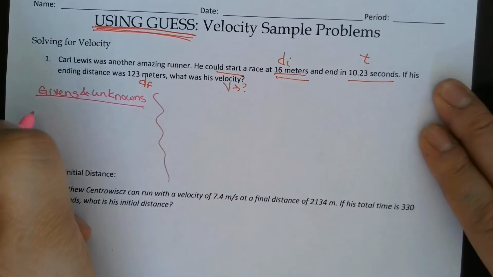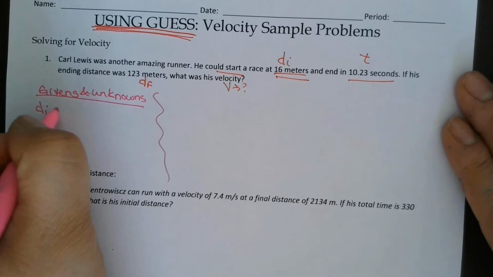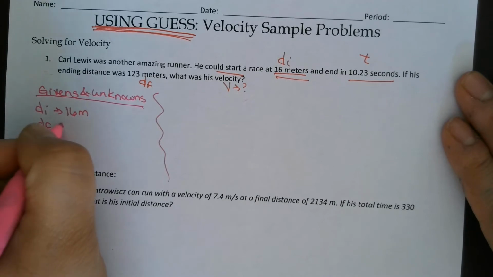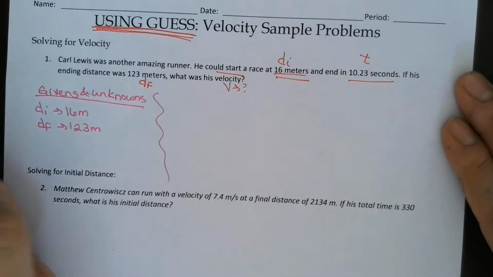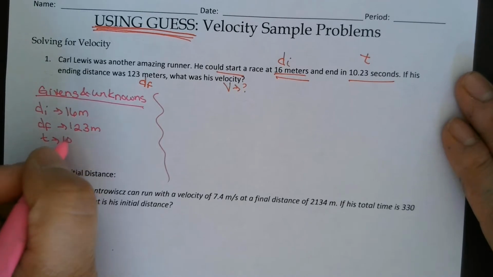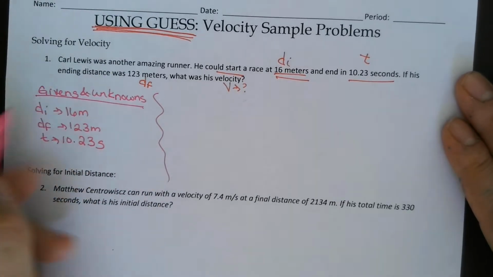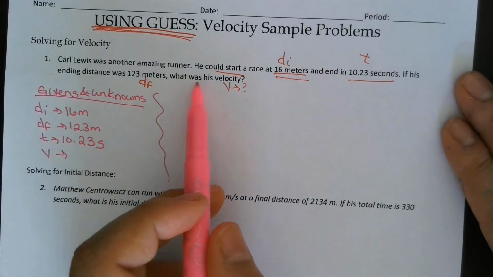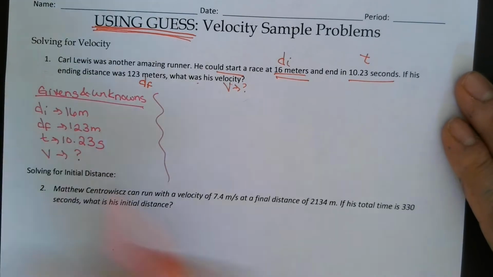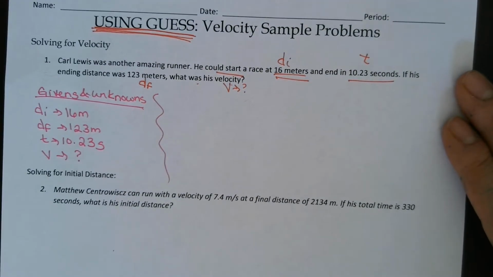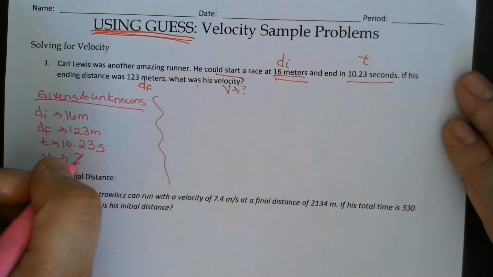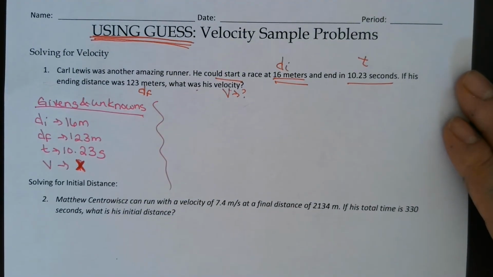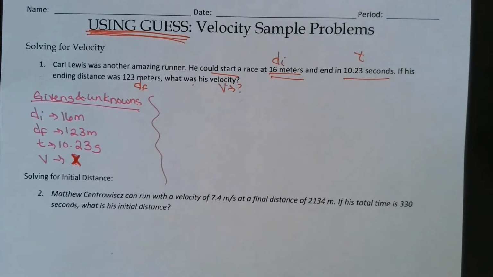We know that we have a di of 16 meters, the df is 123, and we have a time of 10.23 seconds. And we are looking for how fast he was moving, so what was his velocity? That's my question mark. Instead of a question mark, I'm going to call it x, because students have been telling me that they are more comfortable solving for x. So once we substitute, we're going to make this x and look for x.